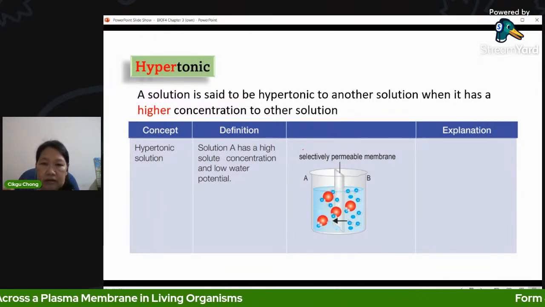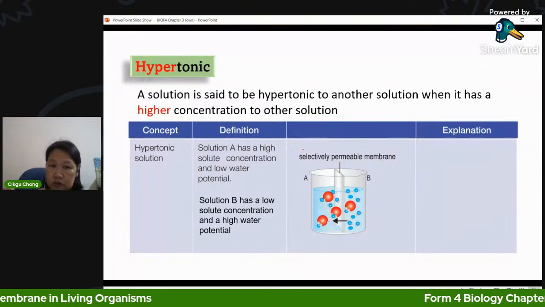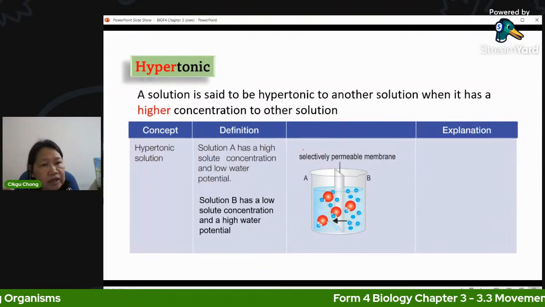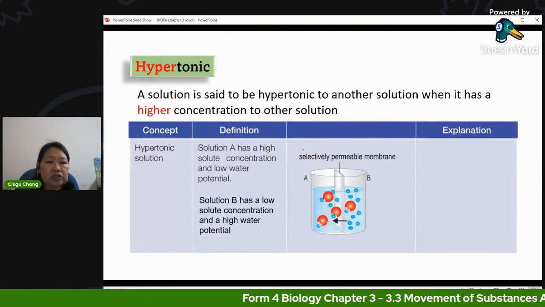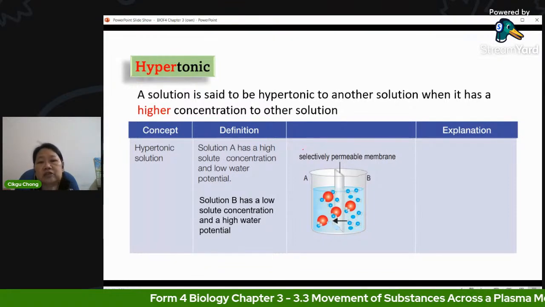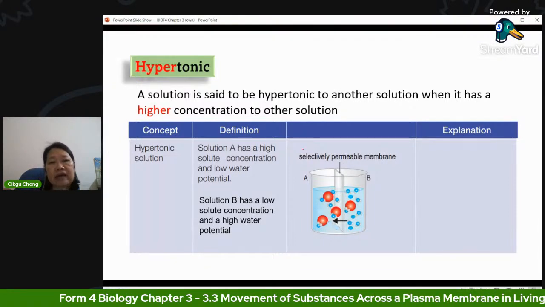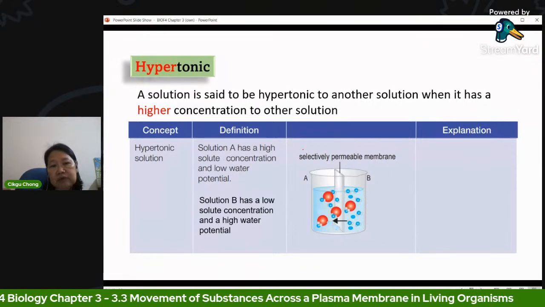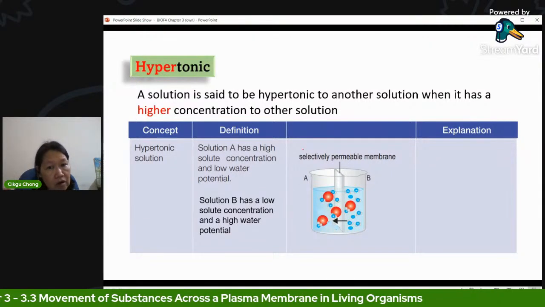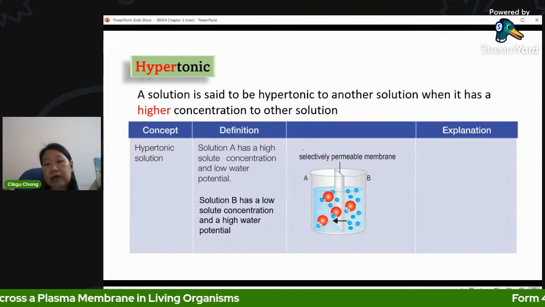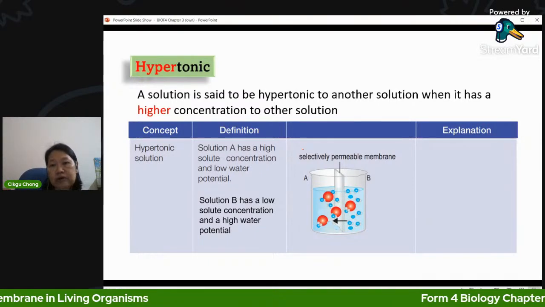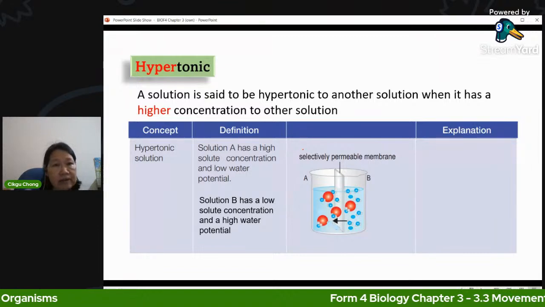And explanation, the other way you can also use the other words. Solution B has a low solute concentration and a high water potential. So that means A is hypertonic to B, or you can say B is hypotonic to A. Either way, you're comparing both solutions side by side.